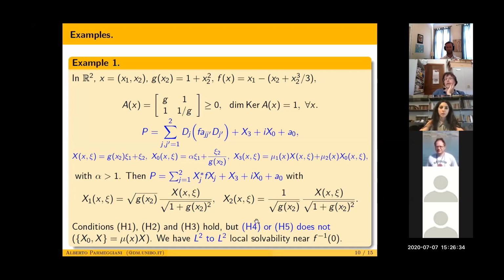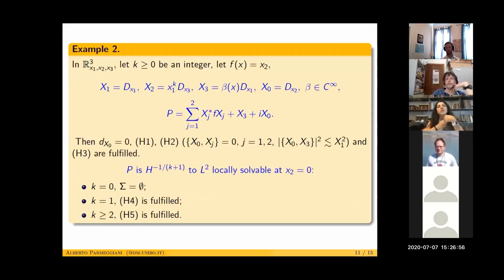In this case we cannot have better regularity, because we cannot count on the Melin or the Rothschild-Stein estimate, since this commutator is going to be a multiple of this vector field X, which is generating X1 and X2. But nevertheless, this is a very degenerate operator which is L2 to L2 locally solvable.